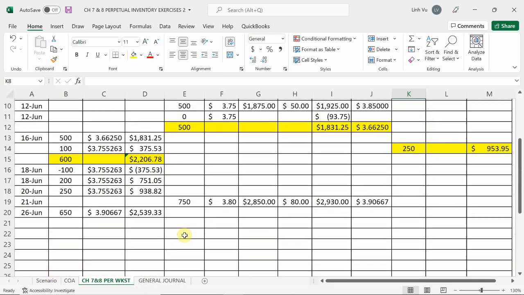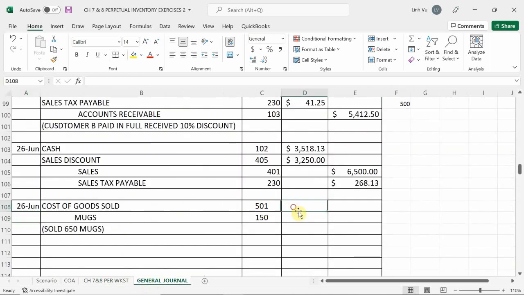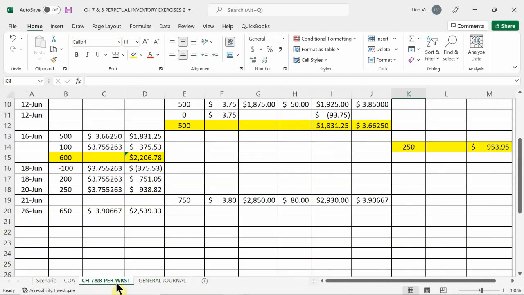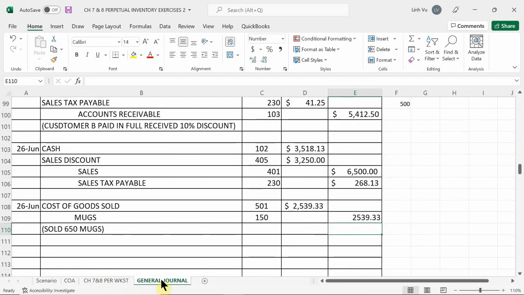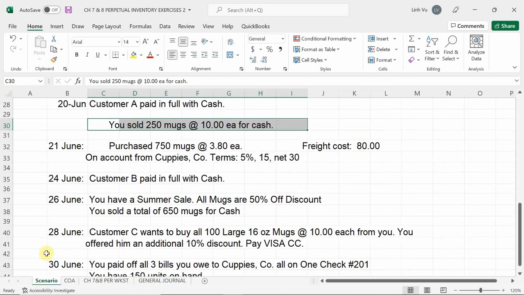So I need to go ahead and plug this number in. 2539.33 is my grand total that I sold. Good. So let's see what happened next.